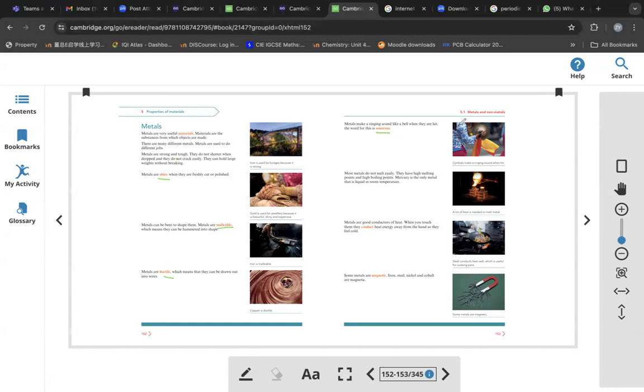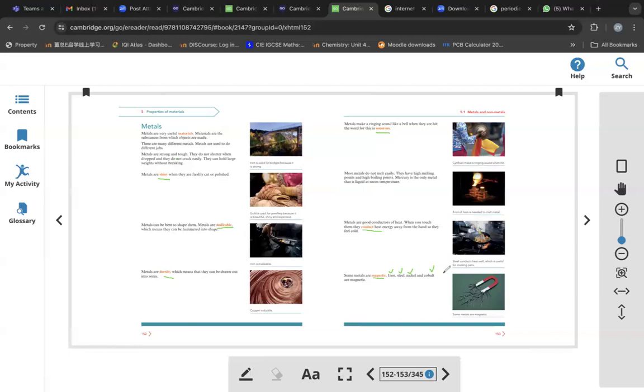You can hear, right? That echo sound is called sonorous. And remember when you say conduct, conduct heat and conduct electricity. This one you need to memorize. Some metals are magnetic. Examples are iron, steel, nickel, but only these four. You need to remember. Not every single metal.